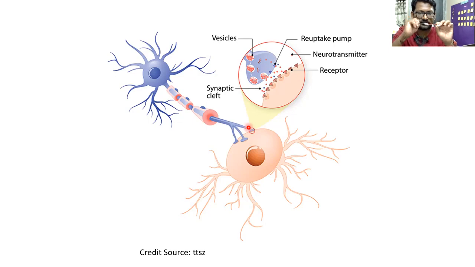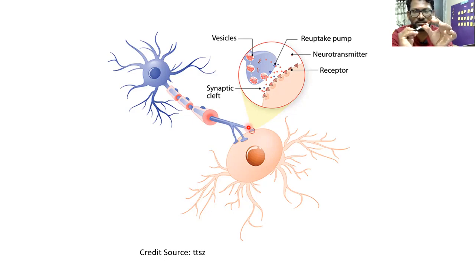For example, if I connect this to a phone, right? The signals would be transmitted from this red one to the black one, so that I can speak from this mic. In a similar way, the electric impulse would be conducted from the cell body to the axon, this red color.